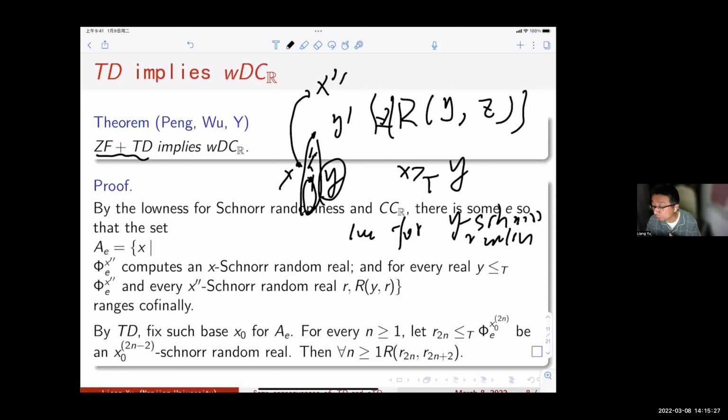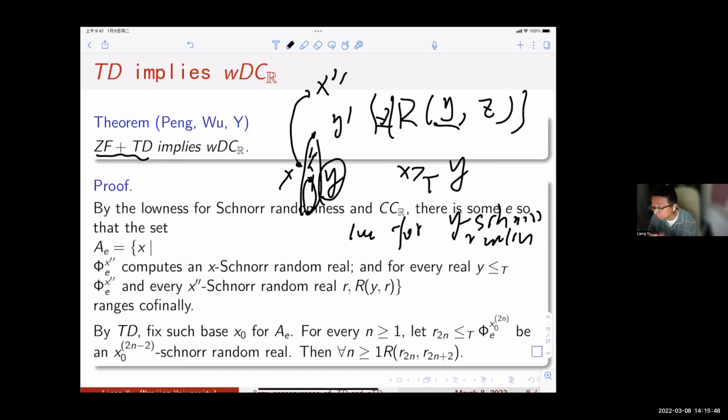The Turing degree of the double jump can be arbitrarily high. So you can find a low for y-Schnorr random x such that the double jump is so high that every x-double-jump Schnorr random real has a relation with y.